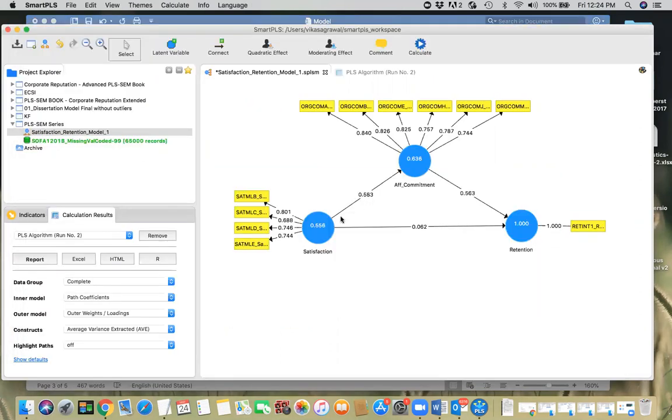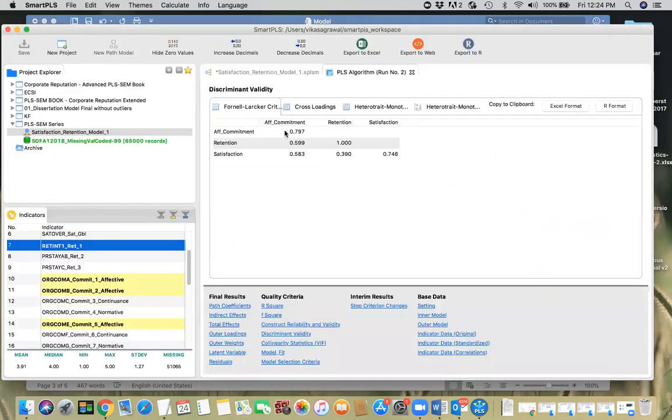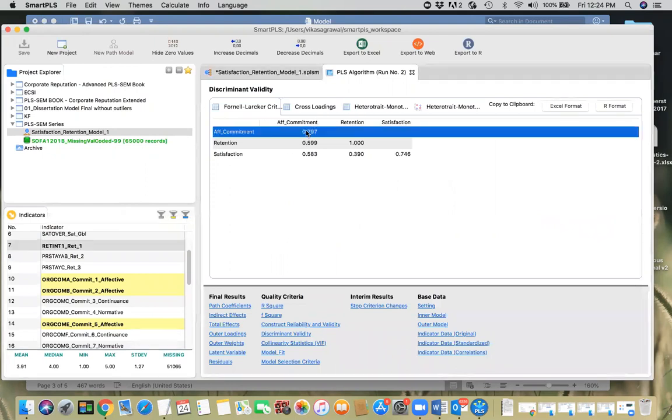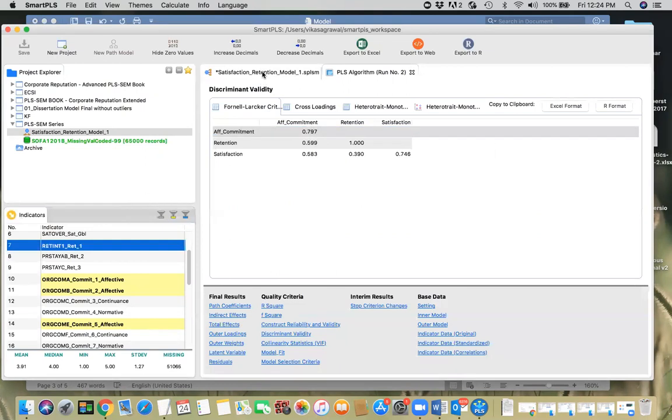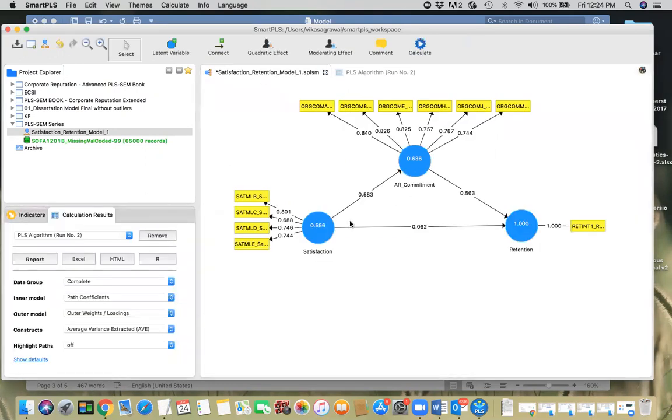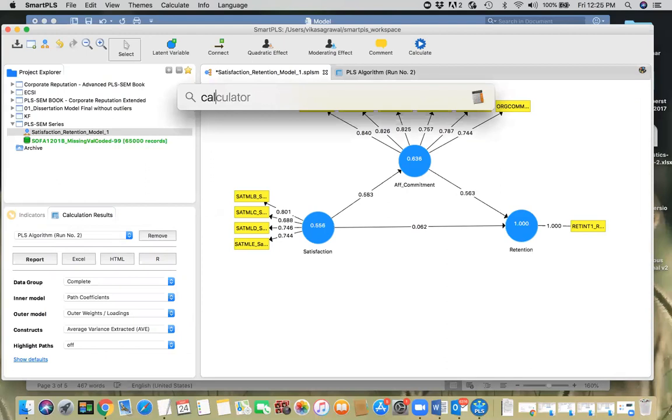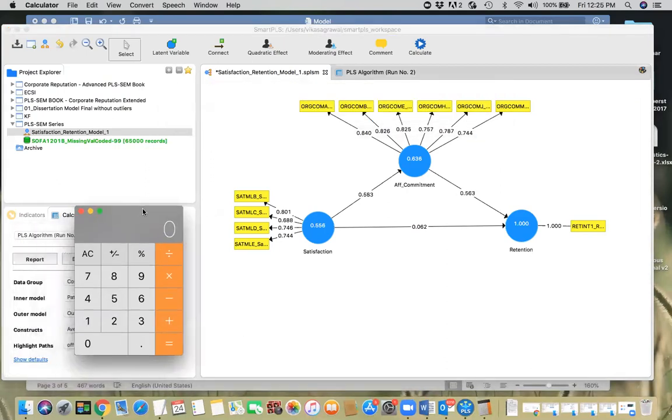So if you look at affective commitment itself, if you take the square root of the average variance extracted, you're going to get this value here, 0.79. Let's do that. I'm going to open the calculator. I don't see the square root here, maybe I don't have that.